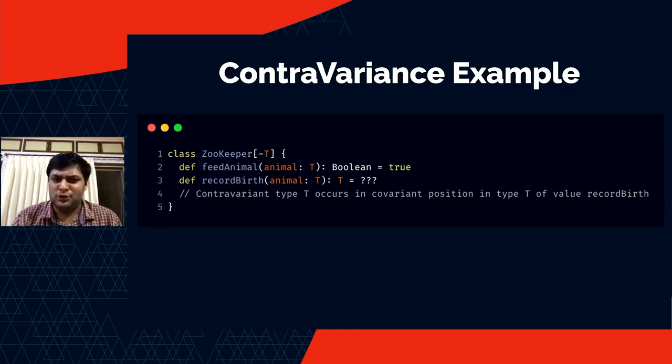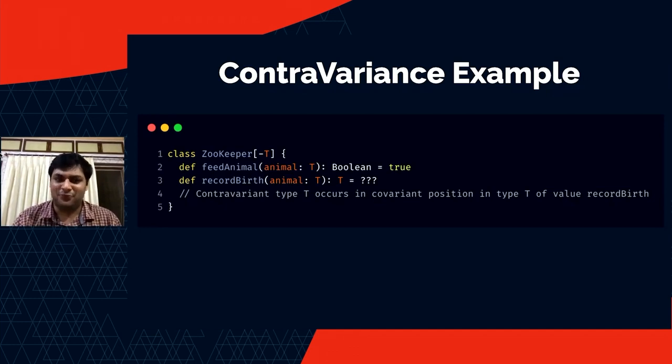Okay, so in the compiler checks we stated that if a type is contravariant, the only position it can be in is the method input position or method arguments. In this particular definition, we are even returning this contravariant type T, which is only allowed for a covariant type, and therefore we are getting this error that this type parameter, which is contravariant, is in a covariant position.